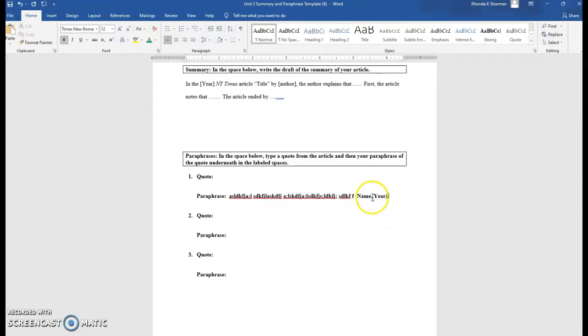And that would be your citation. So let's start to get in the practice of citing anytime we use information from an outside source. And that is whether you quote it or paraphrase it, you always need to cite it. Okay, hopefully that will get you started on this assignment.